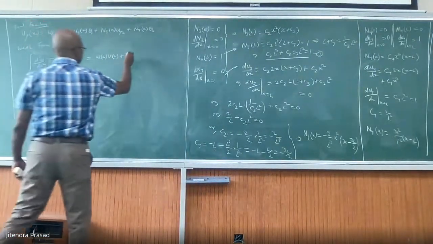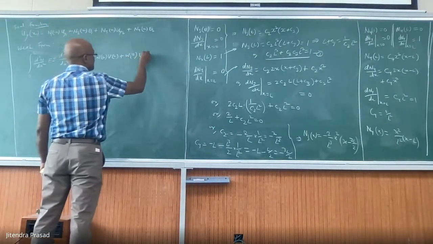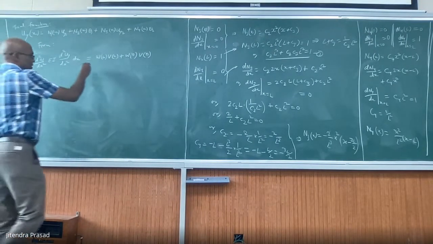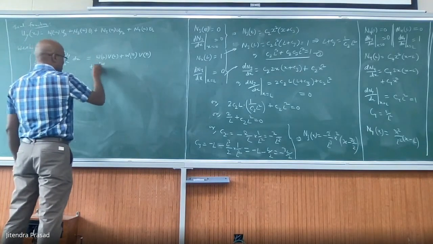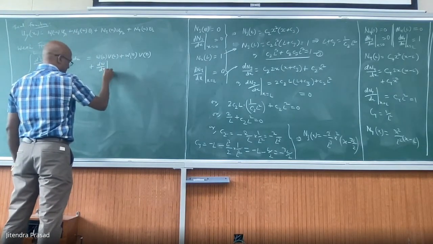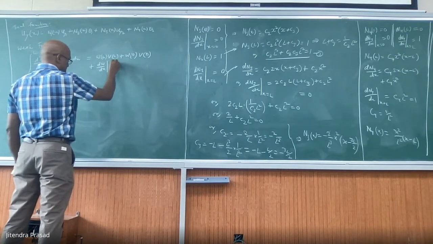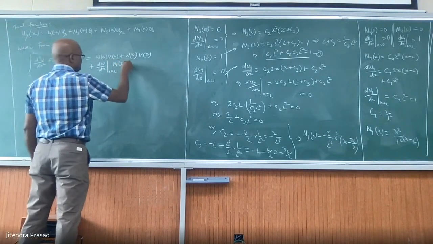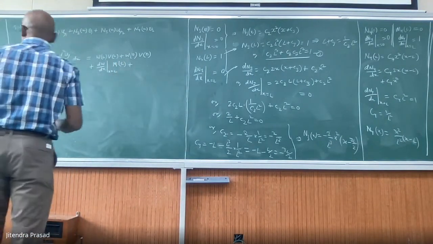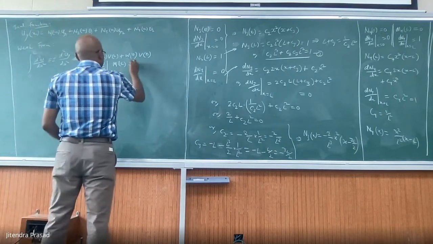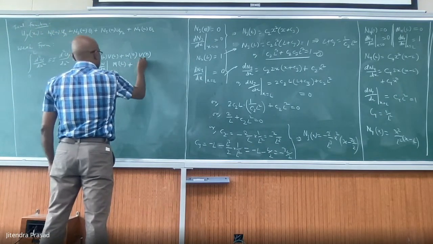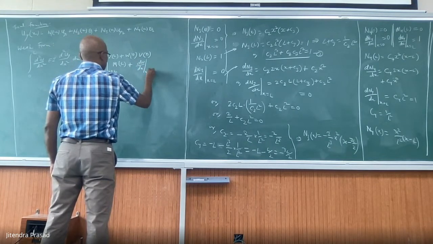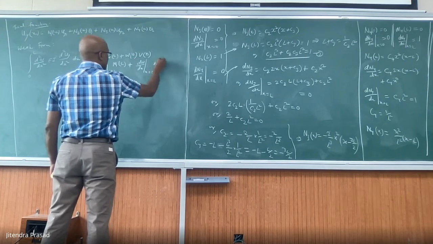So here W0 at the D0, and so on. Then dw over dx at x equal to L times, what is the value here? M at L plus. Then dw over dx at x equal to 0 times M at 0.